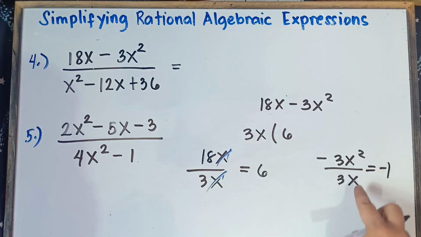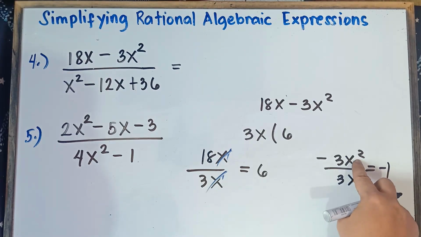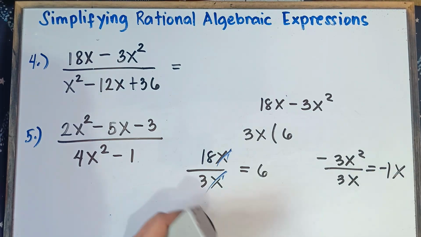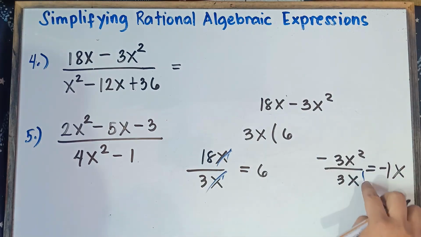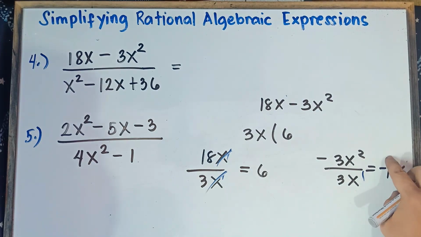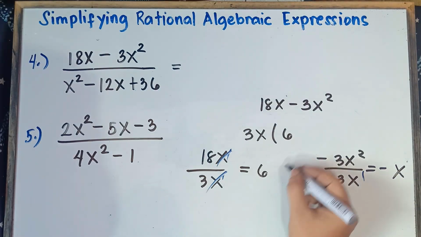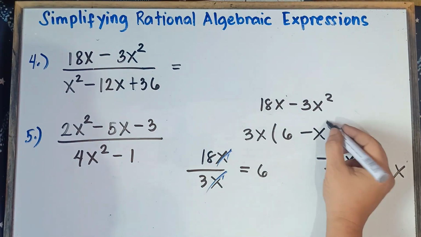X squared divided by x would be x, right? Simply subtract the exponents, 2 minus 1 would be 1. So negative 1x raised to the power of 1, or we can erase the 1 here. Understand that there's 1 here, so that would be negative x. This is negative x, and then close parenthesis.